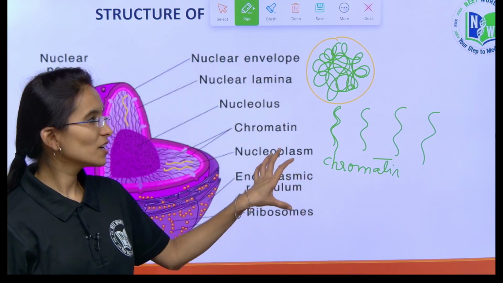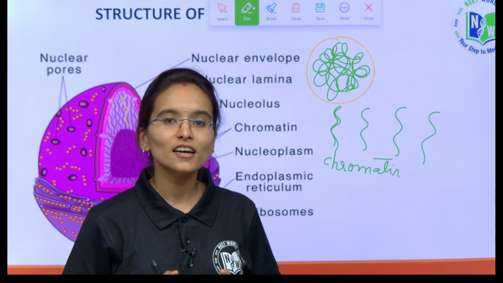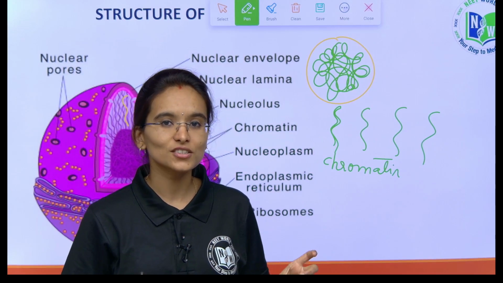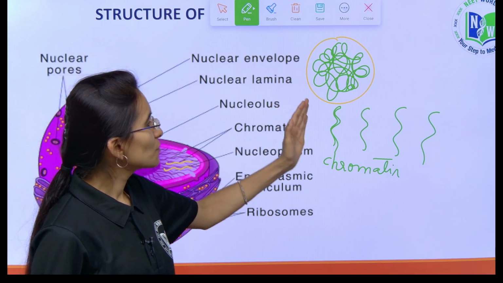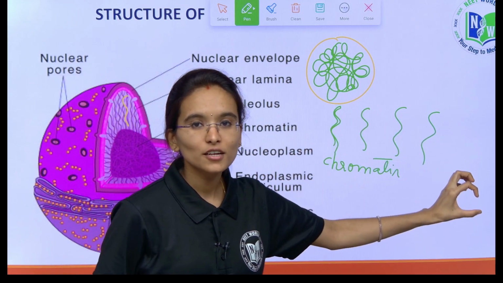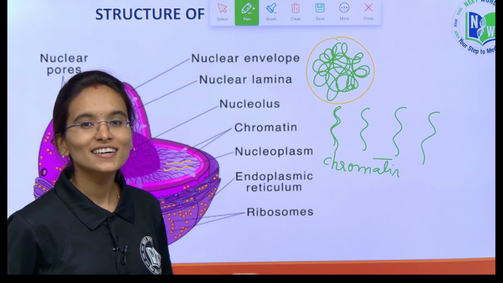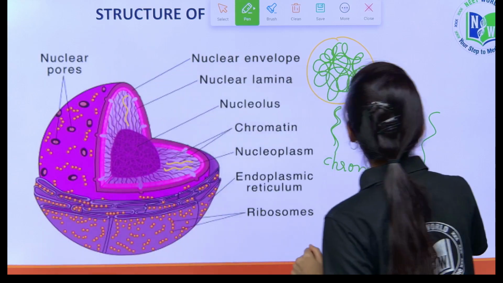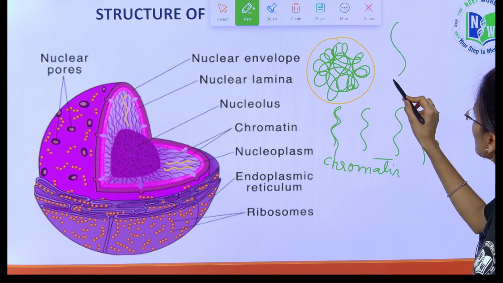Clear? Okay, chromatin material is the one which contains colorful thread-like structures in the form of a network-like arrangement. If we separate them, they become chromatin, and now this chromatin is going to contain DNA.